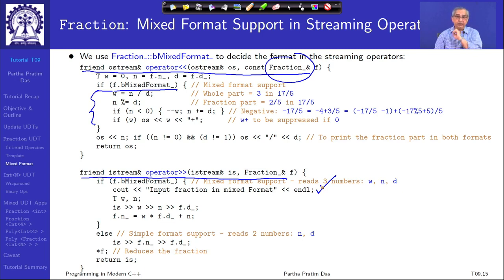So, I expect 3 integers to be input, which are w, n, and since the denominator is not separately changed, I read it directly in the d underscore component of f, and we change the numerator part.